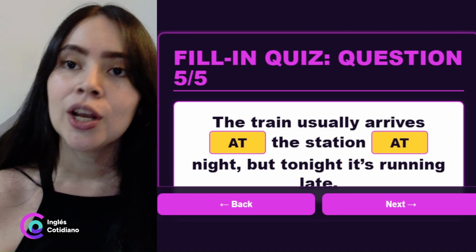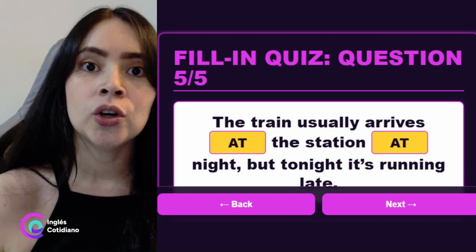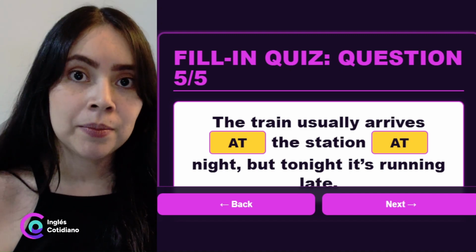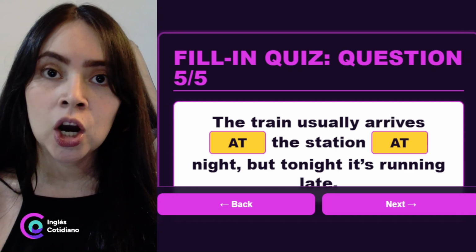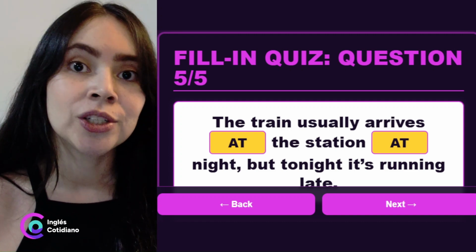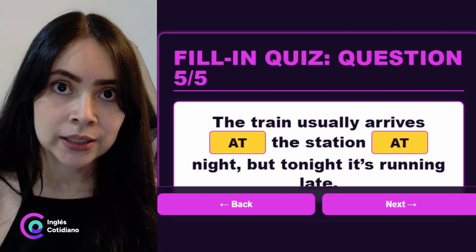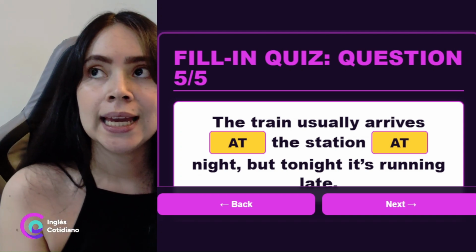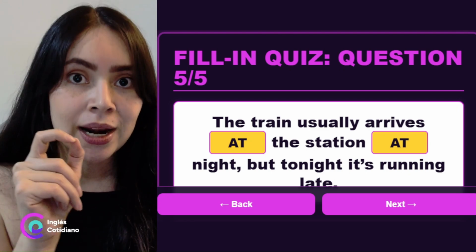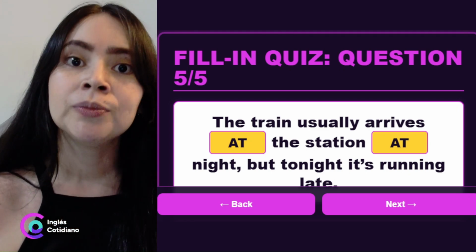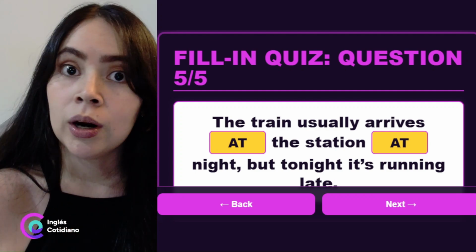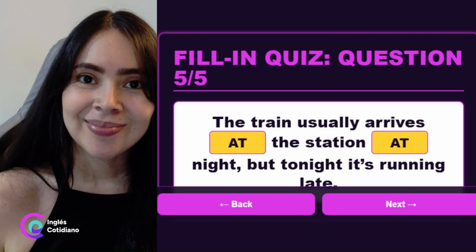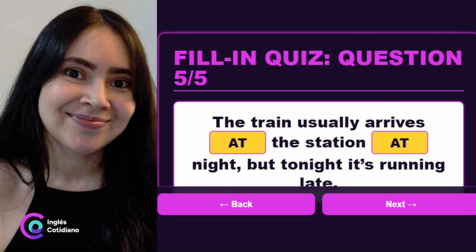And the preposition on for weekdays: on Monday, on Tuesday, on Wednesday; complete dates: on September 1st, on December 2nd, etc. Also with the word weekend, on the weekend. And also for holidays and special days that refer to a specific day. For example, on my birthday, on our anniversary, on my graduation, and on vacation.